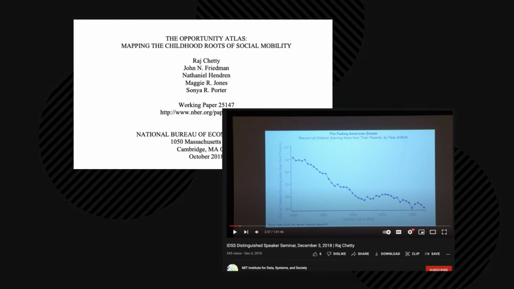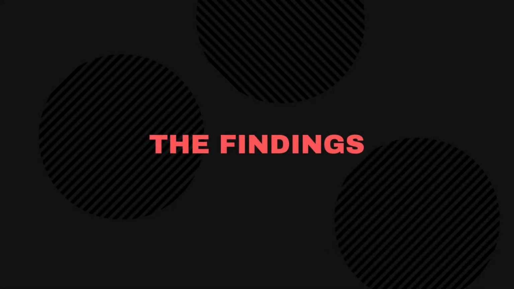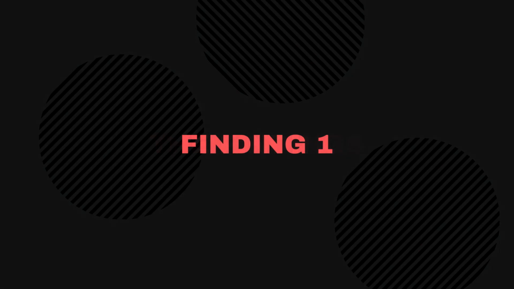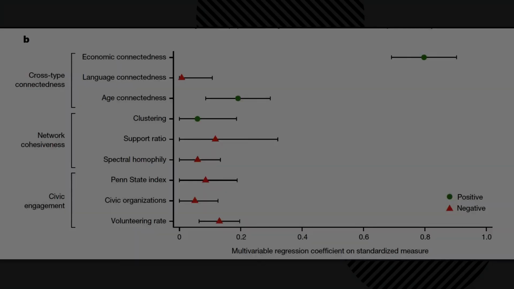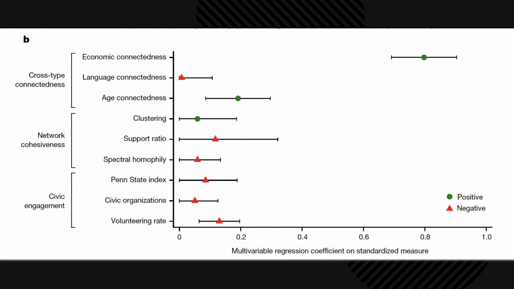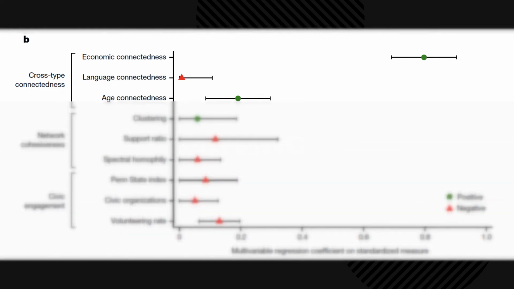All right, so now we know what we're looking at, and we know what we're not looking at. What exactly are the findings that you can take away from this paper? Finding number 1. So I mentioned earlier that social networks only influence economic mobility in a very specific way. And that specific way is through economic diversity.